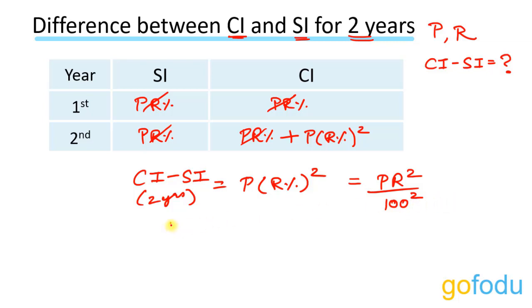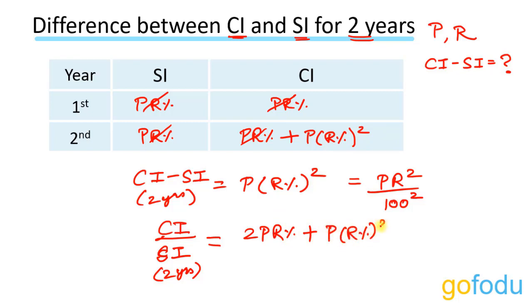Also, if we calculate the ratio of CI and SI for 2 years, this whole is CI, that is 2 PR percent plus PR percent whole square.